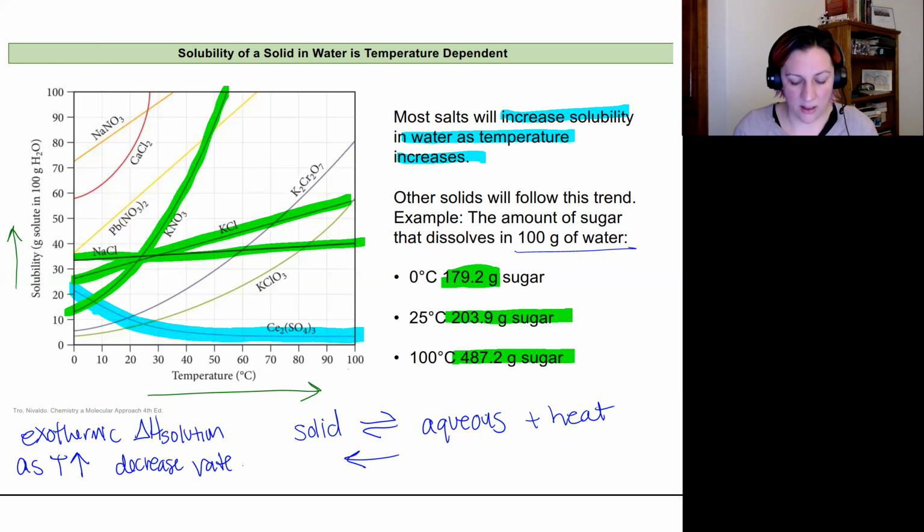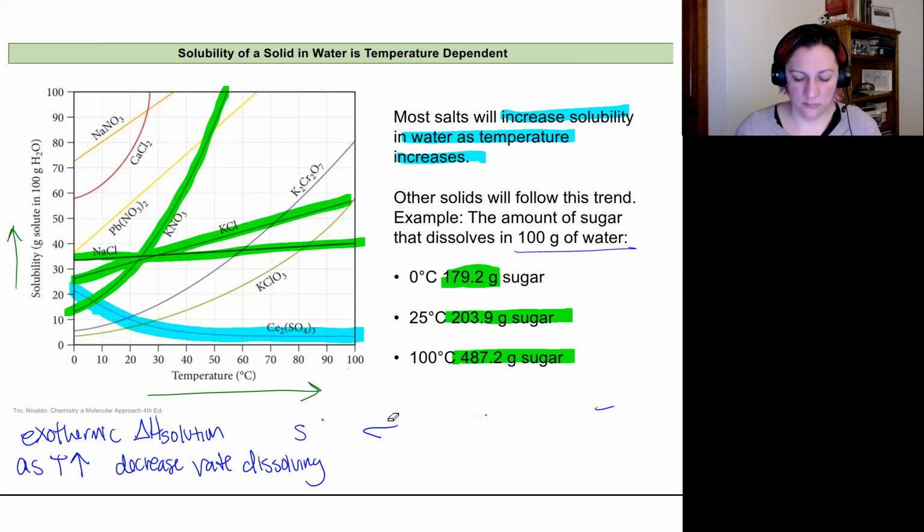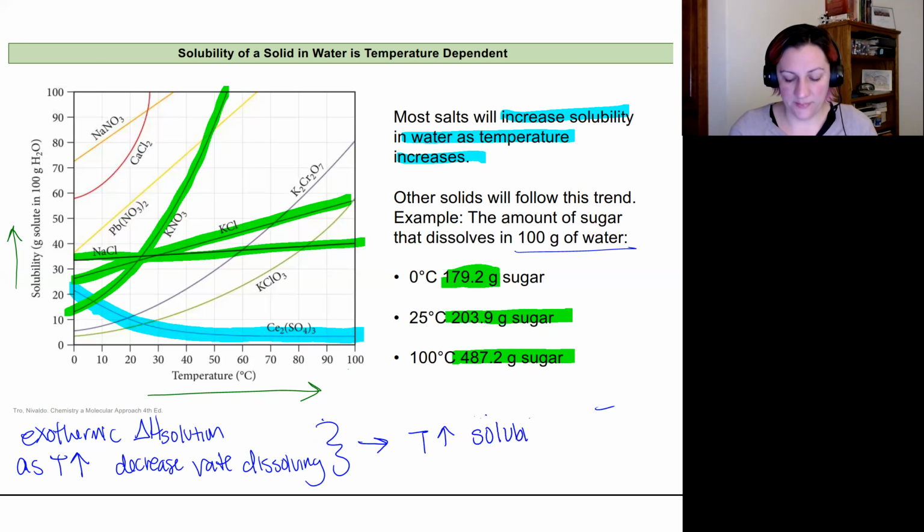So a rate of dissolving. And as that happens, we'll see that as temperature increases, our solubility decreases. This is not the common case though, right? This is the exception to the rule.